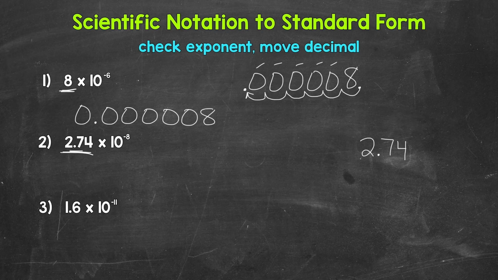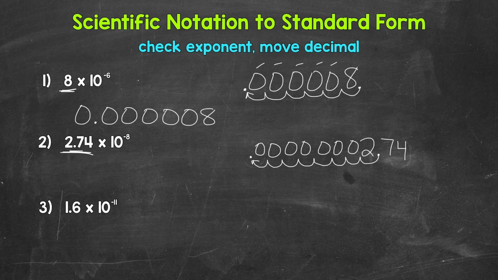And we need to move the decimal to the left. And we're going to move it to the left 8 places. So 1, 2, 3, 4, 5, 6, 7, 8. And now we can fill those places with zeros. And that is our standard form.